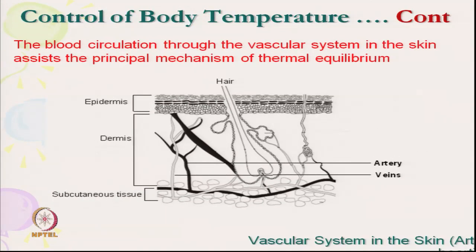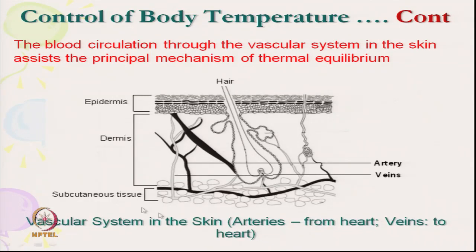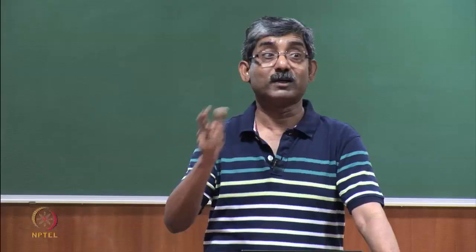Now, we can see this is the blood circulation system. The vascular system in the skin assists the principal mechanism of thermal regulation. So, this blood circulation actually controls the body temperature.